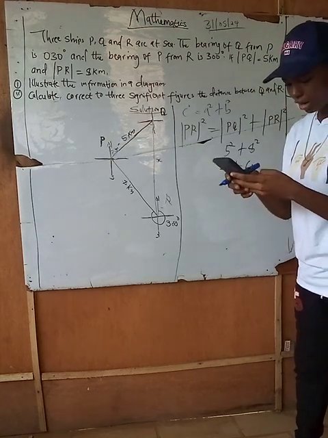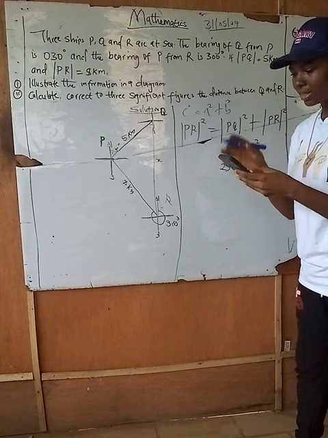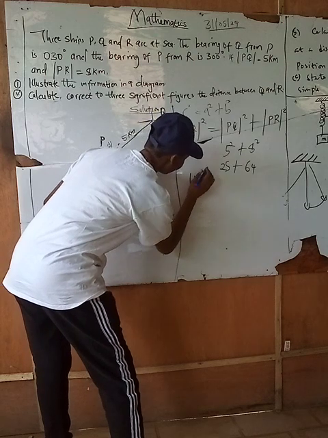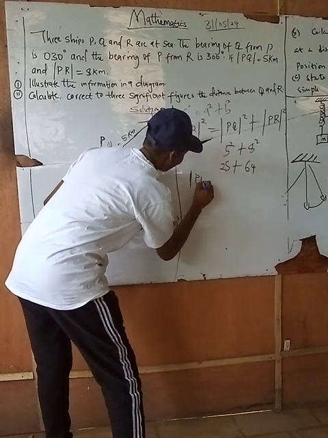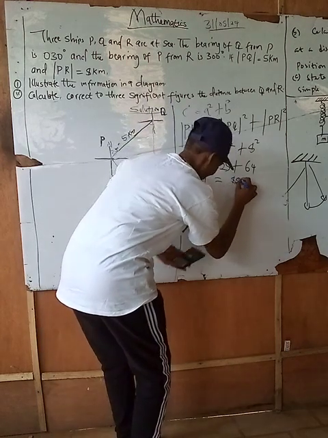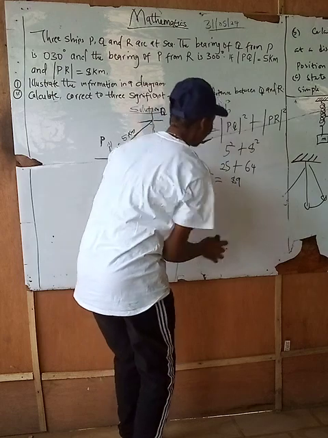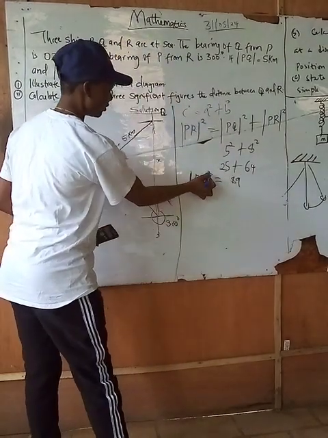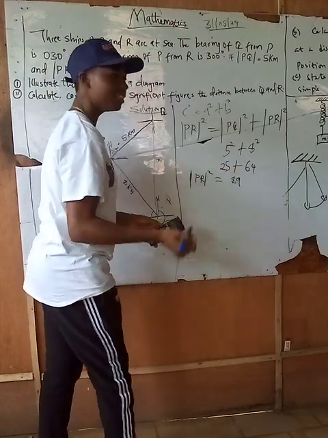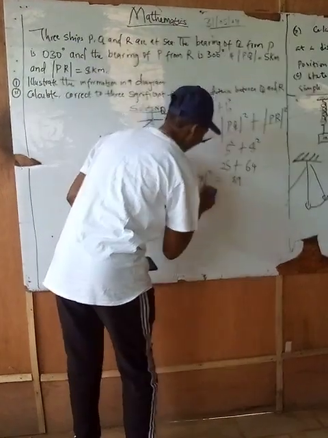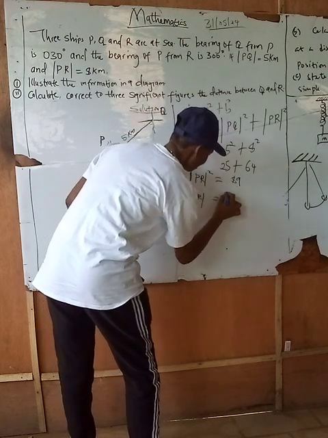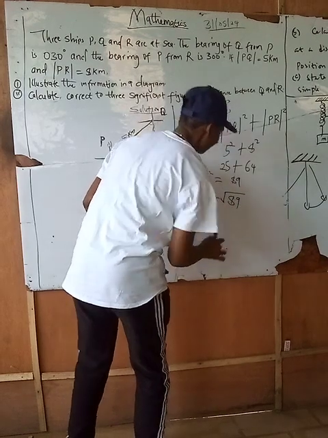Add them together, you have 89. PR squared is equal to 89. Now to get rid of this square, you have to take the square root of both sides. Doing that, you have PR equals the square root of 89.